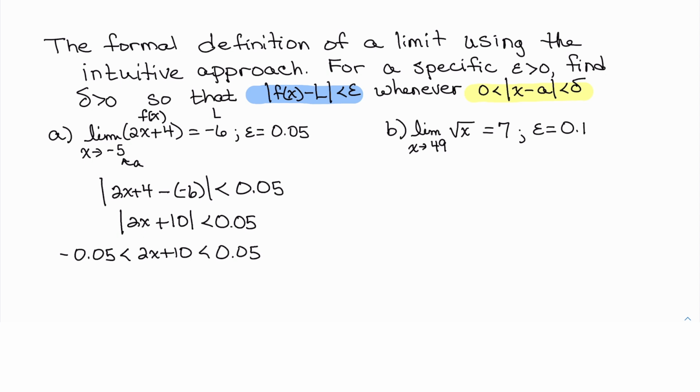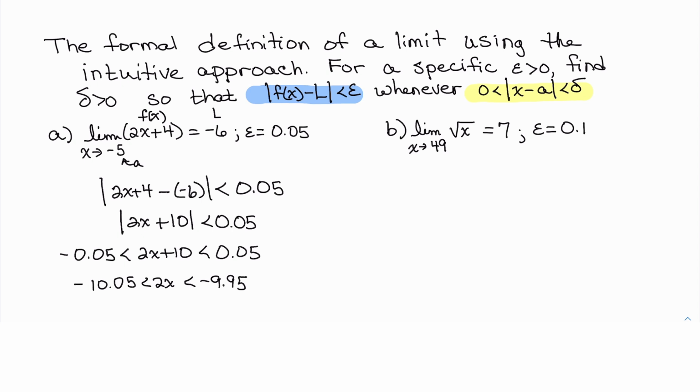And then once we get to just having x in the middle, we're going to focus on what we need for that yellow highlighted part, which means we need x minus the a. But we need to get it set where we just have x in the middle before we can do that. So here we're going to subtract 10 from all three parts, and I get negative 10.05 is less than 2x, which is less than, well, 0.05 minus 10 is negative 9.95.